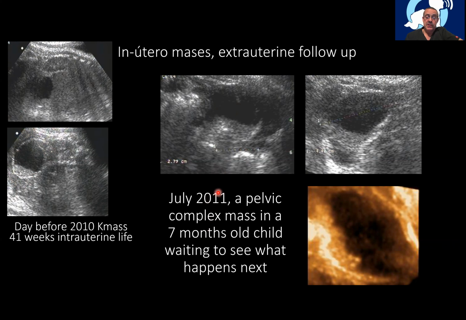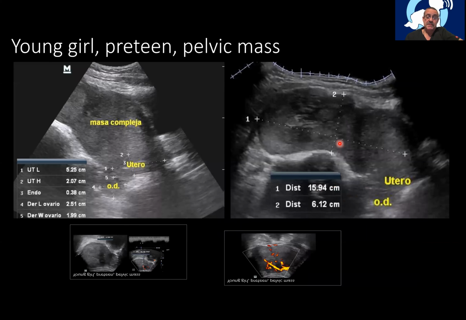Next year, July, pelvic complex mass, 7 months old with no previous investigation, regardless the documented finding. Nobody cared about that. She was waiting to see what happens next. And then somebody said, oh, let's do an ultrasound, remember? Well, this child had a complex mass.